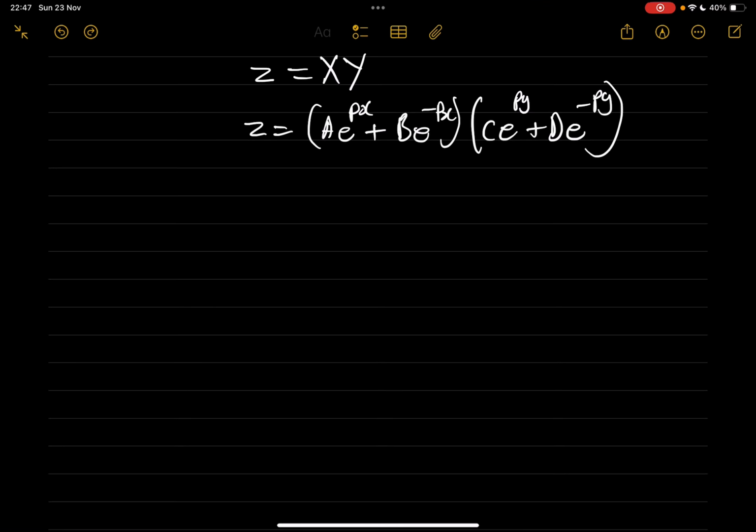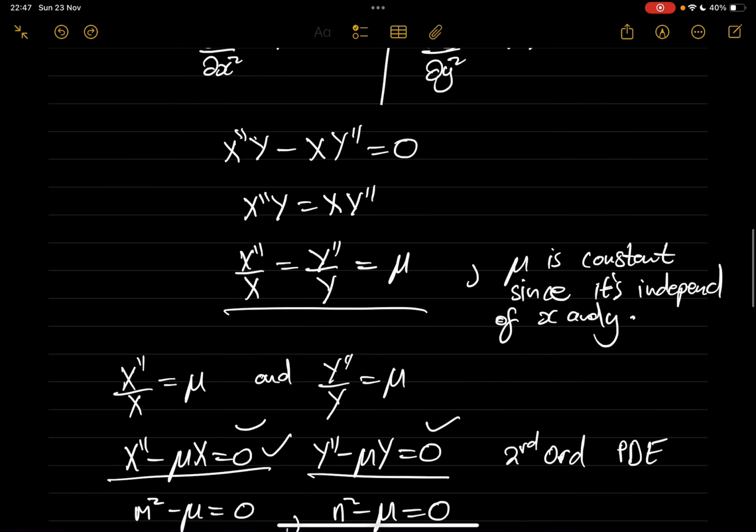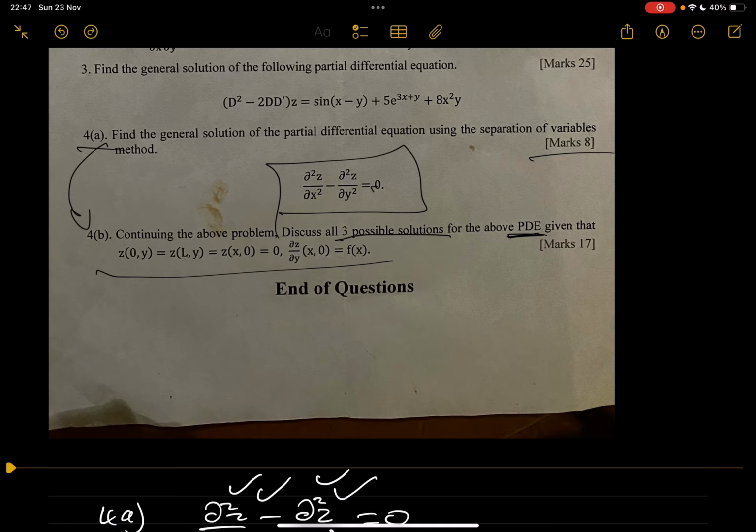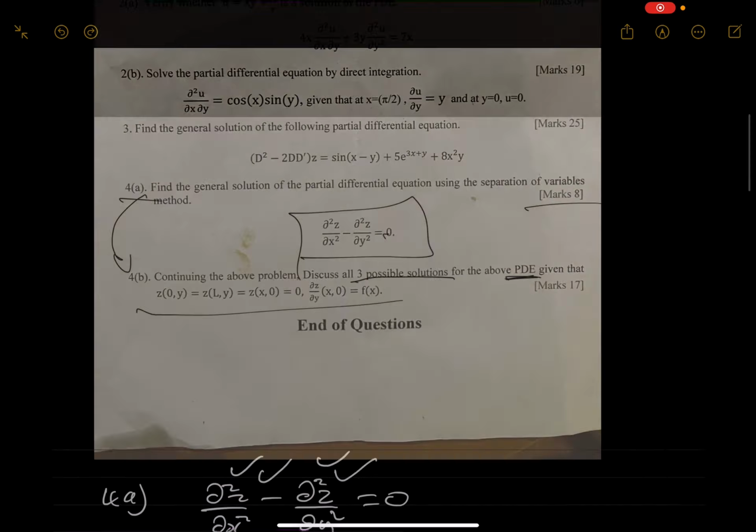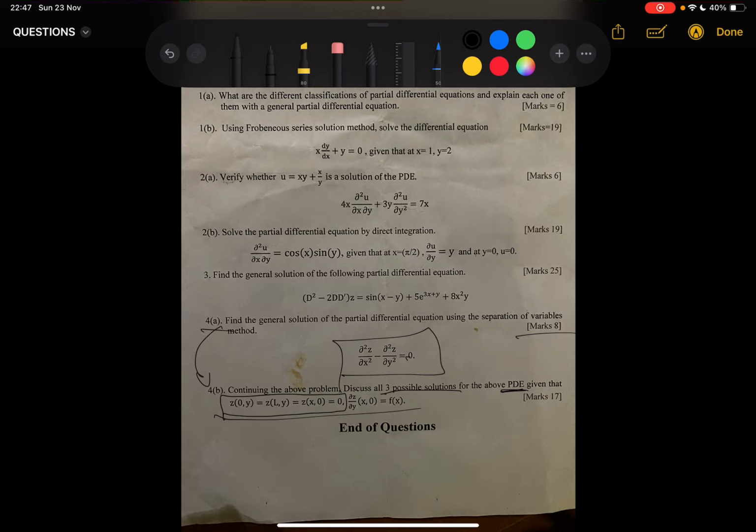Now we need to apply the boundary conditions. These are the boundary conditions that we're given. They can be split into three: z of x, 0 equals 0, z of l, y equals 0, and z_x of x, 0 equals 0.